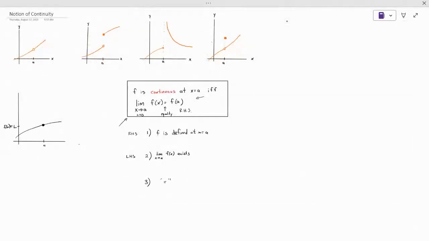So these are discontinuous functions at a. Okay, so the first graph is discontinuous at a because of which reason, right?